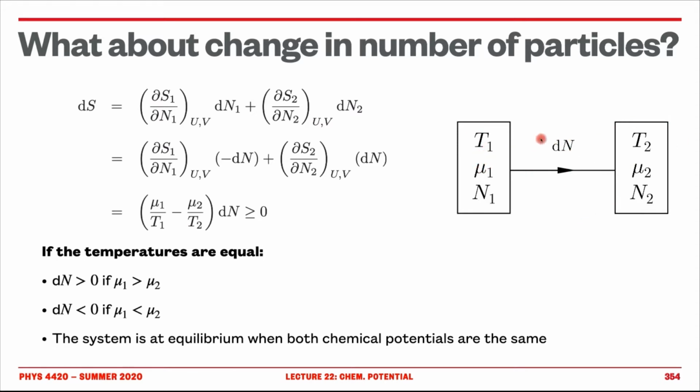So just the same way as a system will evolve to make sure that the temperatures are uniform, the system will also evolve due to the second law of thermodynamics in such a way that the chemical potential on both sides are the same. And one more time, this is because that particular configuration consists in the largest number of microstates. So in other words, the one that maximizes the entropy.